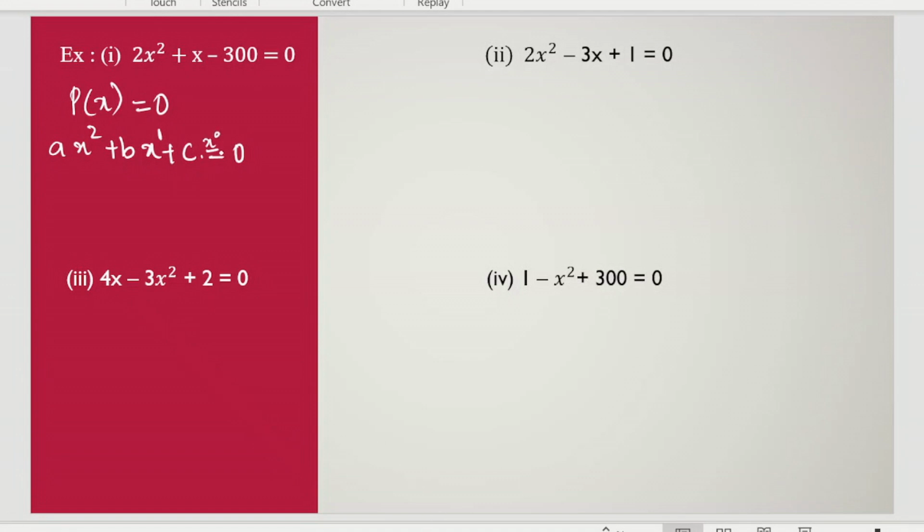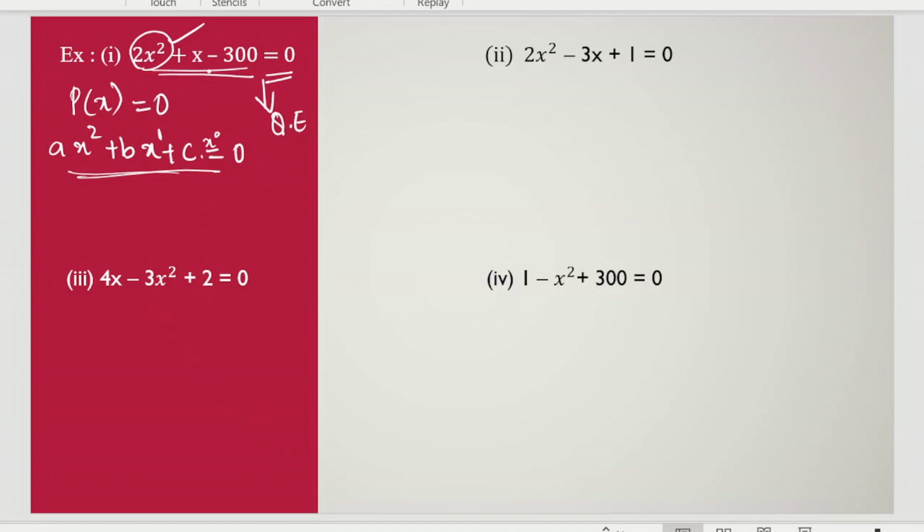Always remember the degrees of the terms should be in descending order. If you see this equation, in the first term the highest power of the variable is 2 and the whole equation is equals to 0, so it is a quadratic equation.